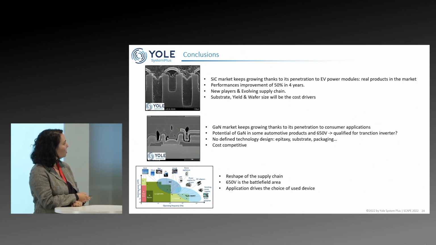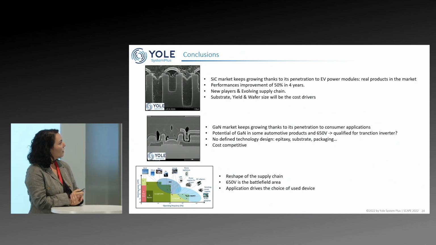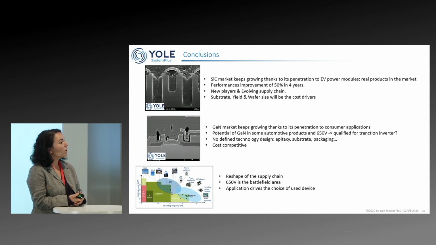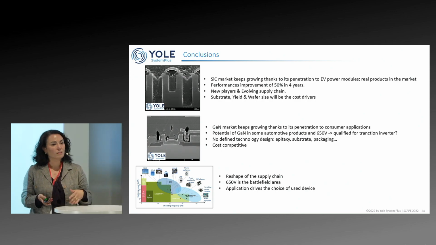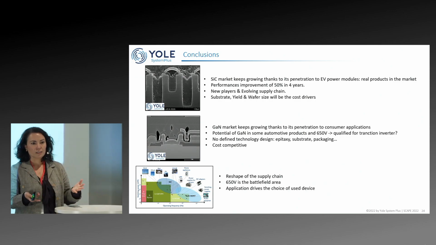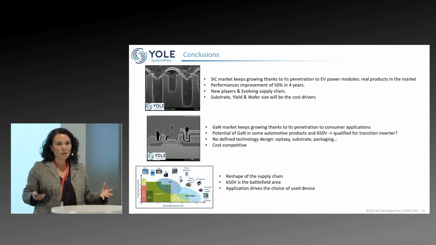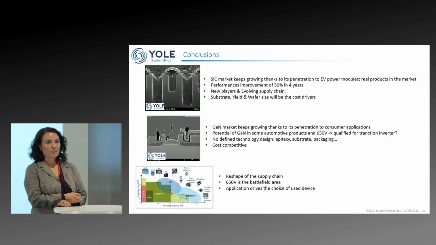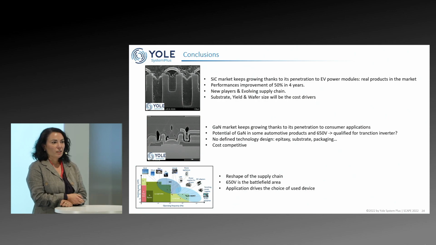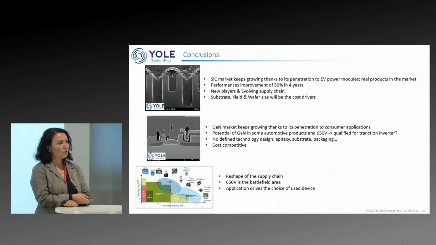Just to conclude, silicon carbide, as we've seen these two days, is there. It's now the majority of people working on reliability, so it's good, it's stable. There will still obviously be improvement in terms of performance and cost, and cost drivers, mainly substrate and yield.